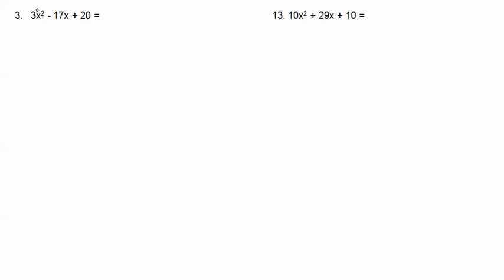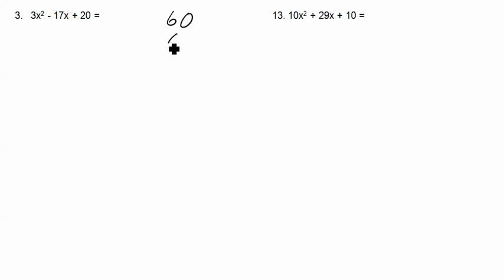All right, so this one we're going to start by multiplying the 3 and the 20, and we get 60. So we want the factors of 60 that when we add them equals 17, or negative 17.